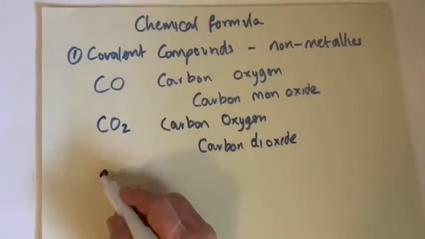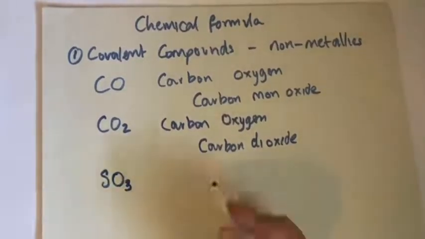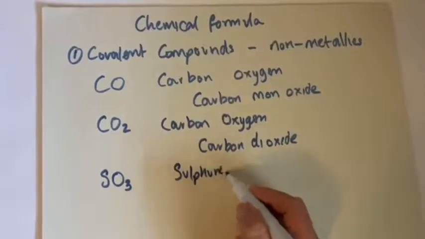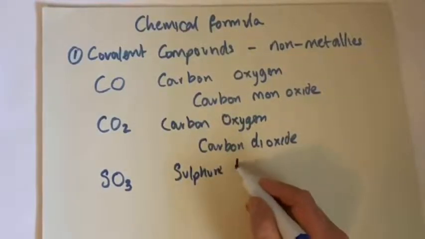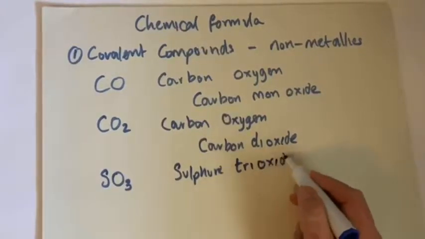If we've got sulfur and three oxygens, then we'd have sulfur, and this time, to tell me there's three oxygens there, trioxide.